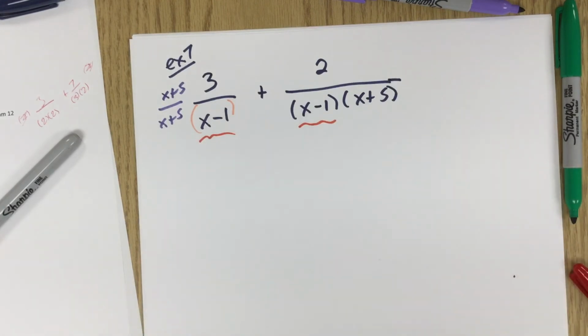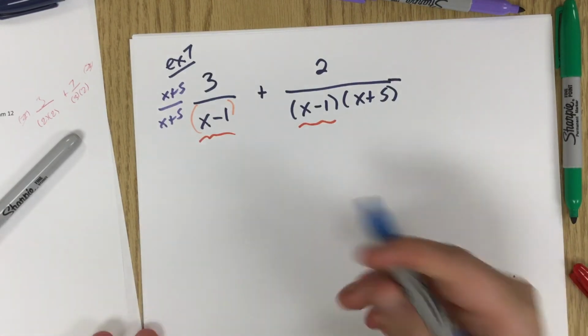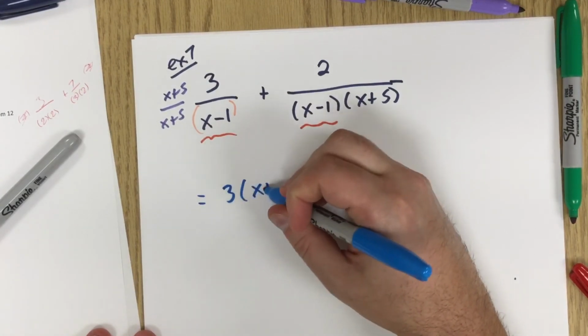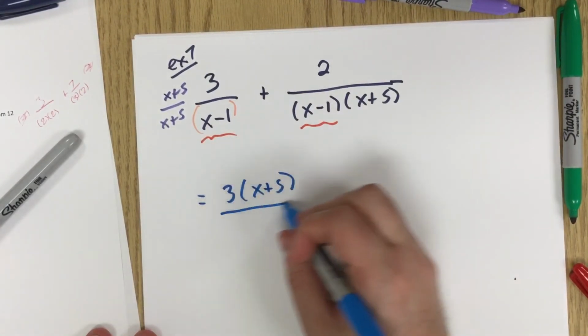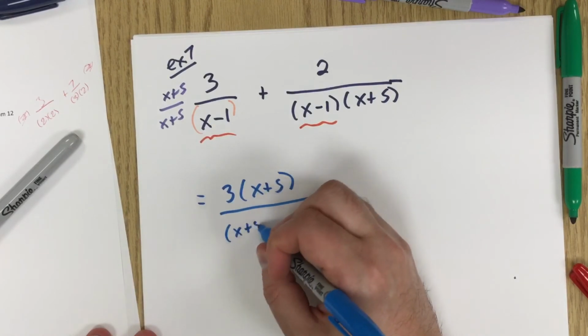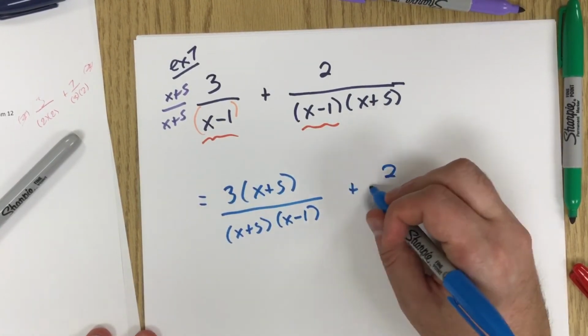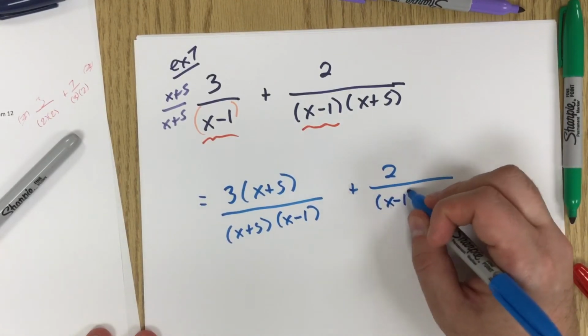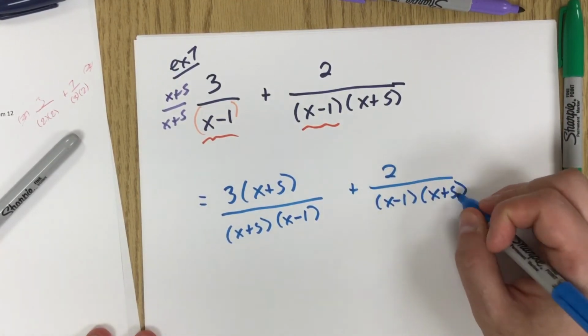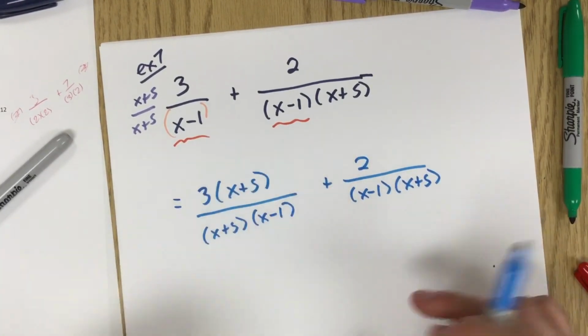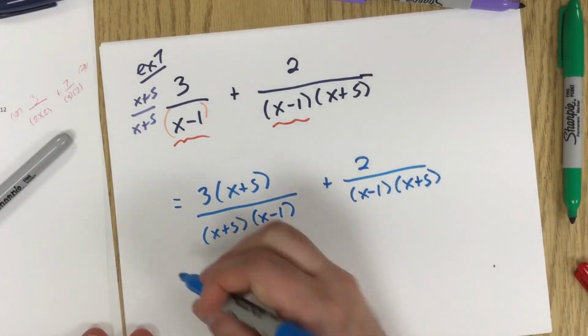And that's going to give us 3 times x plus 5 over x plus 5, x minus 1, plus 2 over x minus 1 times x plus 5. And the denominators are the same. I mean, it's a different order, but they're the same.